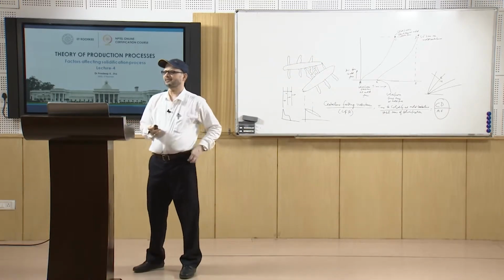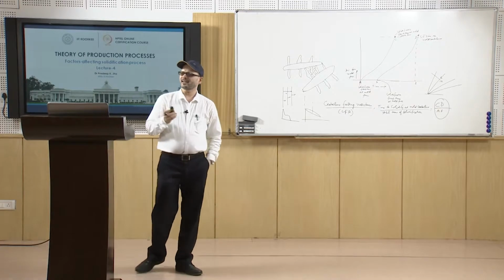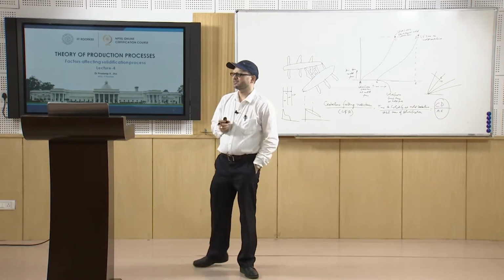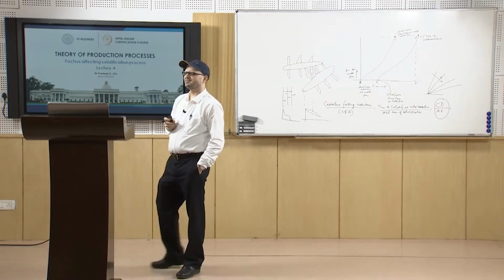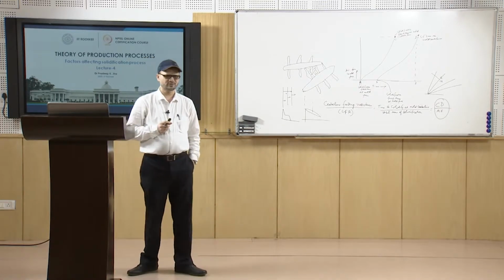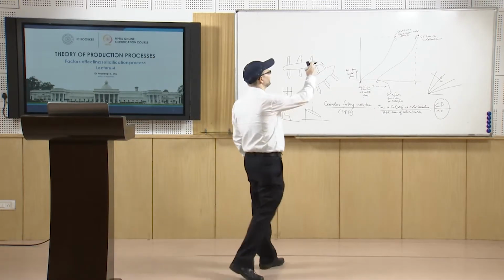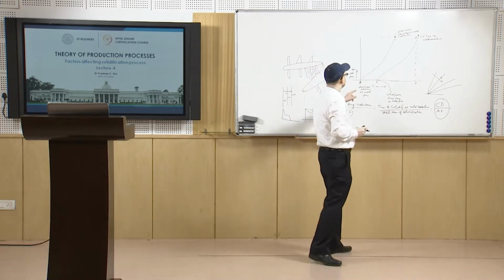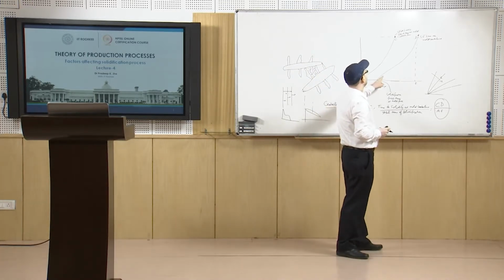So, what we see is that solidification in the case of alloys takes place in the form of start and end of freeze waves. These are known as the freeze waves, the start of the freeze wave and this is the end of the freeze wave.